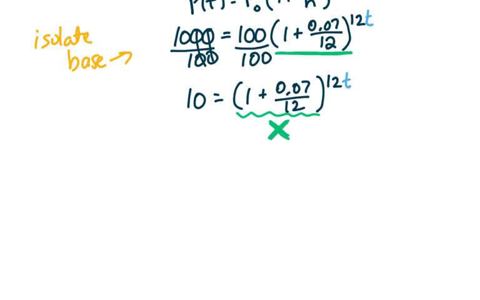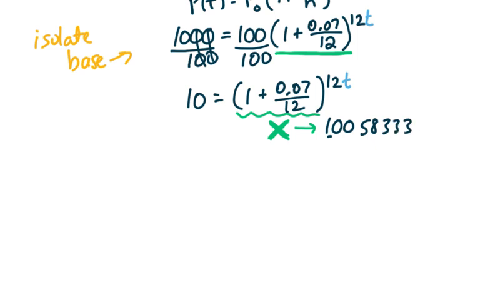And what we can do here is, why don't we actually put this X into the calculator and see what it looks like? What is 1 plus 0.07 divided by 12? Let me put that in. 1 plus 0.07 divided by 12, and I get about 1.00583333 and so forth.